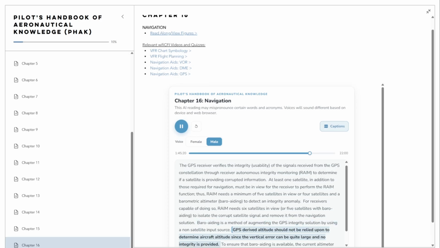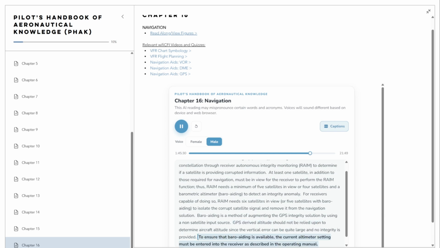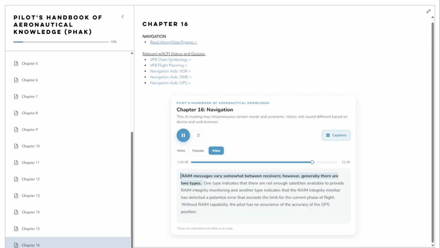GPS-derived altitude should not be relied upon to determine aircraft altitude, since the vertical error can be quite large and no integrity is provided. To ensure that baro aiding is available, the current altimeter setting must be entered into the receiver as described in the operating manual. RAIM messages vary somewhat between receivers. However, generally there are 2 types.